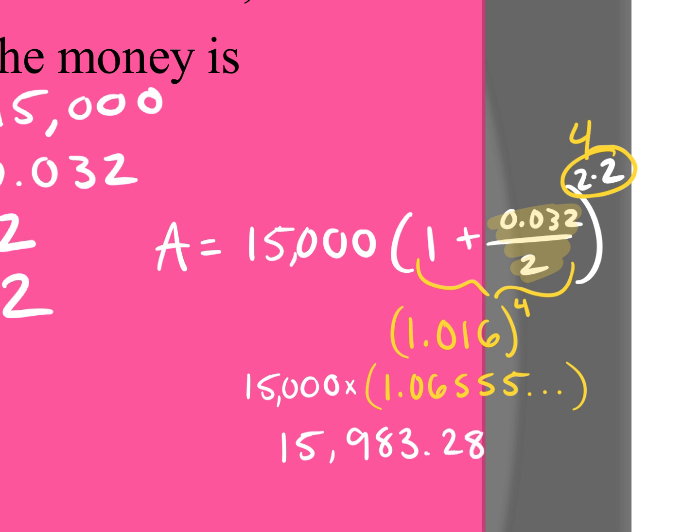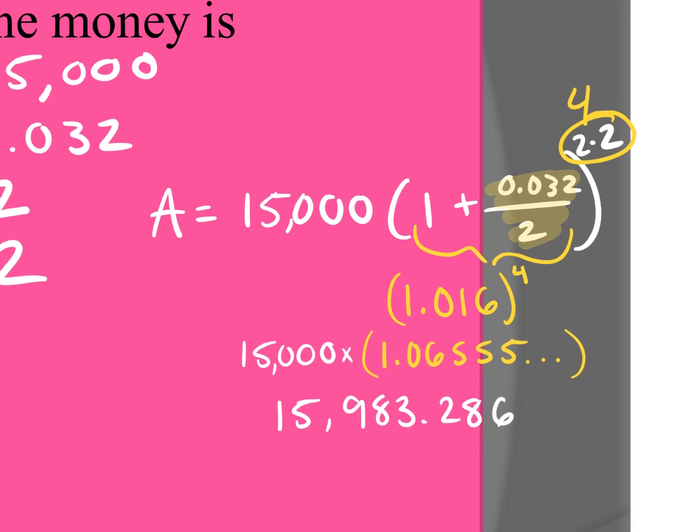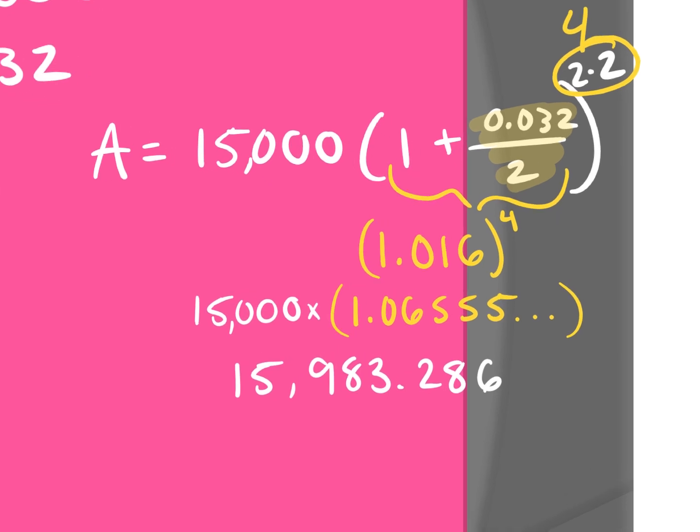You should get 15,983.28 cents. The decimal would be 0.286. When we're talking about money, we round to 2 decimal places. Would the 6 tell us we round up or keep it the same? We round up. Anything more than 5 tells us that we round up. So we would want to round this up to 0.29.